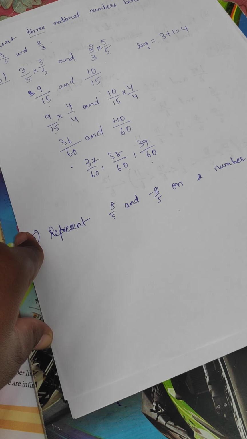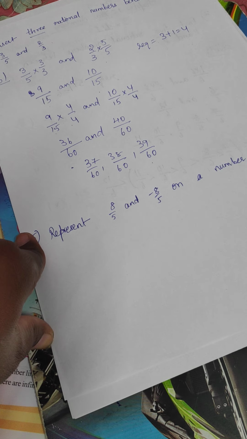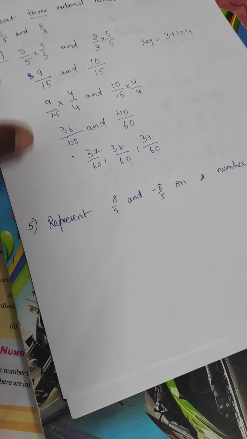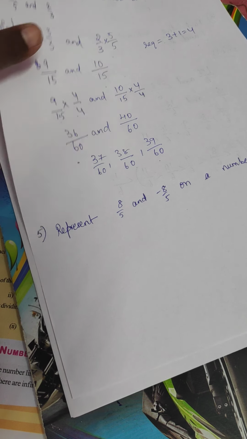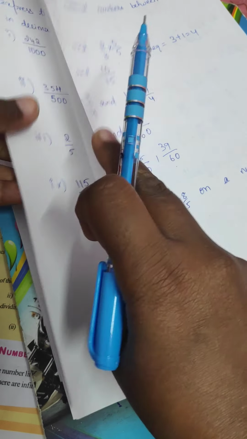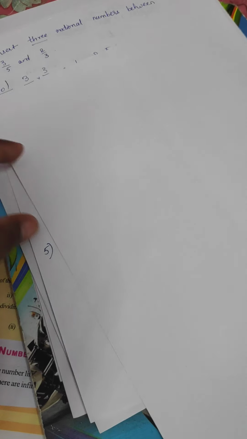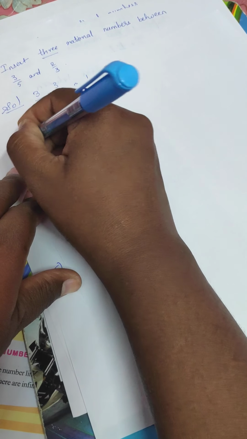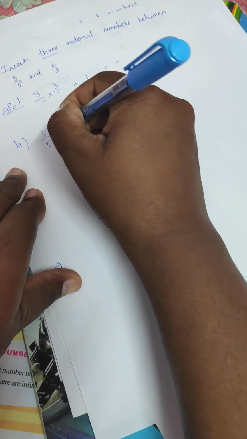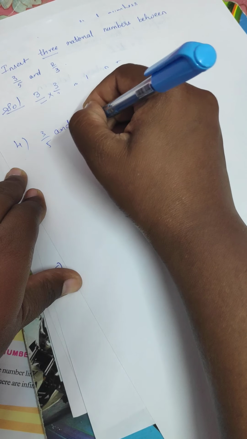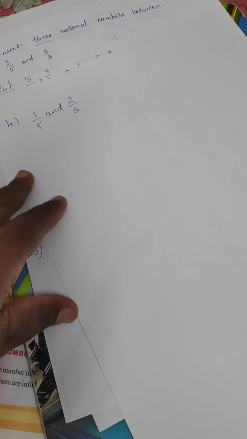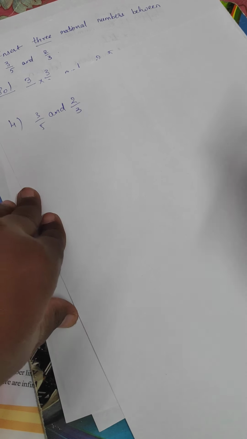Not only in this procedure, we can also do it in another method. This is the fourth one. We have to find three rational numbers between 3 by 5 and 2 by 3.